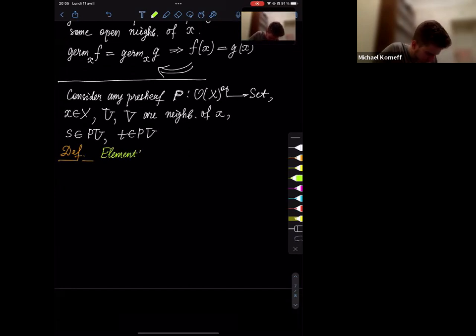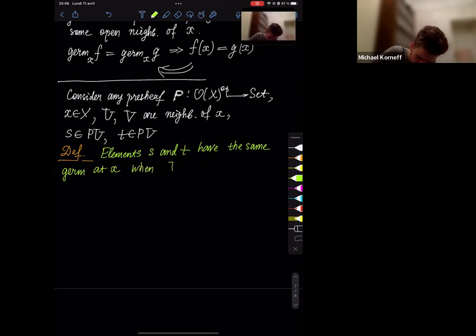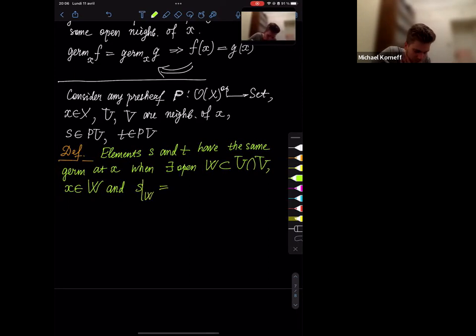Elements s and t have the same germ at x when there exists an open set W, which is a subset of the intersection of U and V, with x belongs to W, and s restricted to W equals t restricted to W, belongs to PW.